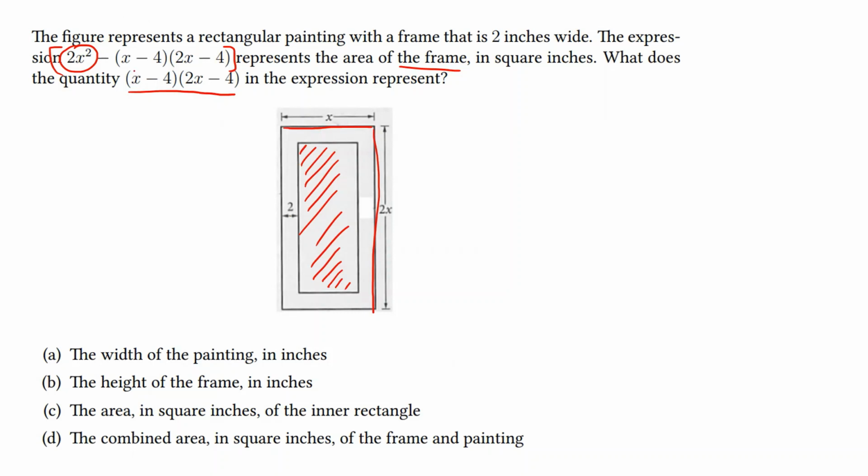We see that x minus 4 times 2x minus 4 is this value that we are subtracting away from the overall area of the larger rectangle. Thus, x minus 4 times 2x minus 4 is simply standing in and representing the area of the internal rectangle.